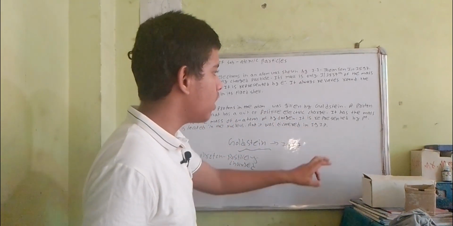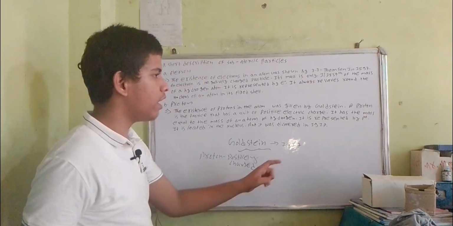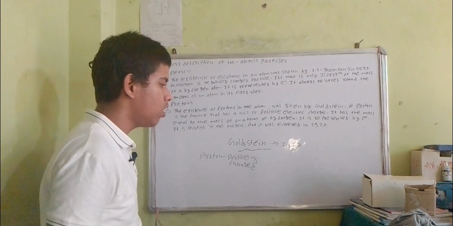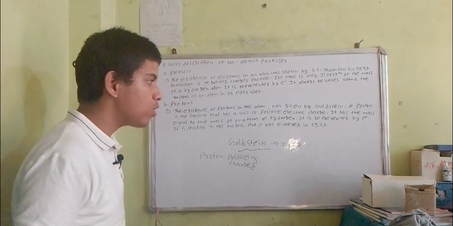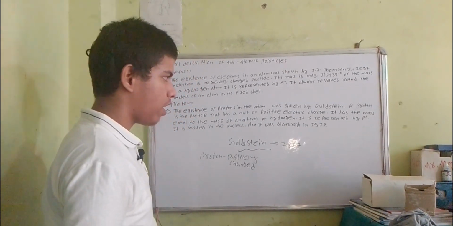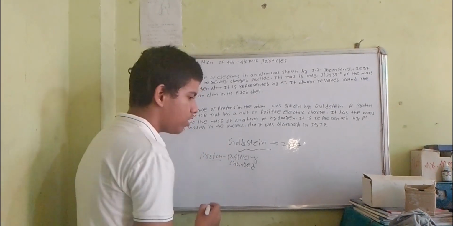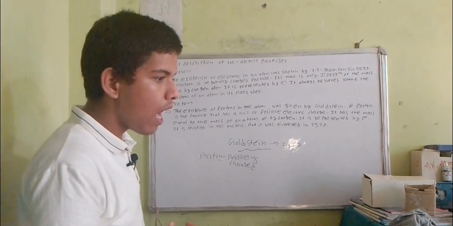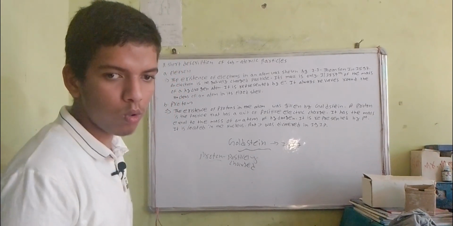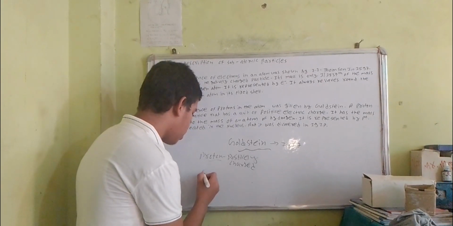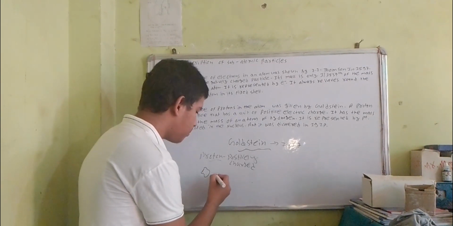It has the mass equal to the mass of an atom of hydrogen. So the mass of an atom of hydrogen is equal to the mass of the proton. They are the same. Let's say this is one hydrogen atom, and this is the mass.